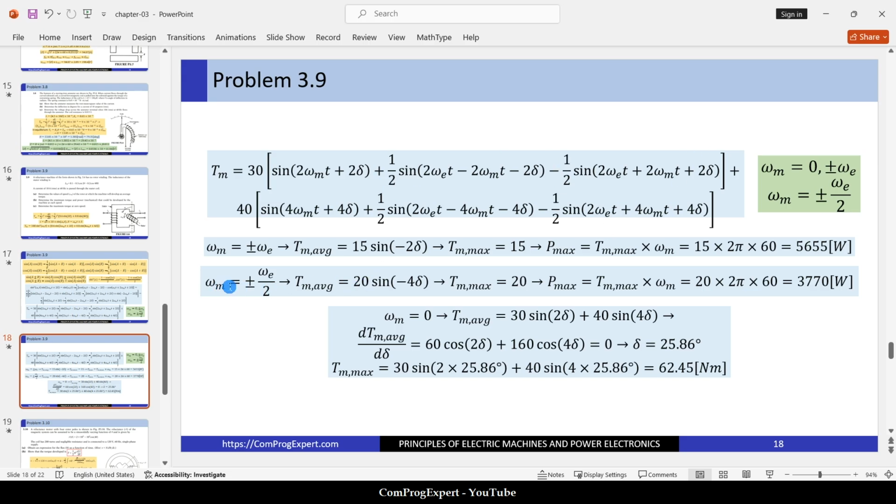And when omega m is negative omega e divided by 2, if you replace it in this function, this will be the average value of the magnetic torque. What is the maximum value of the torque? 20 newton meters. The maximum power is equal to the torque times omega m. That is equal to this one.